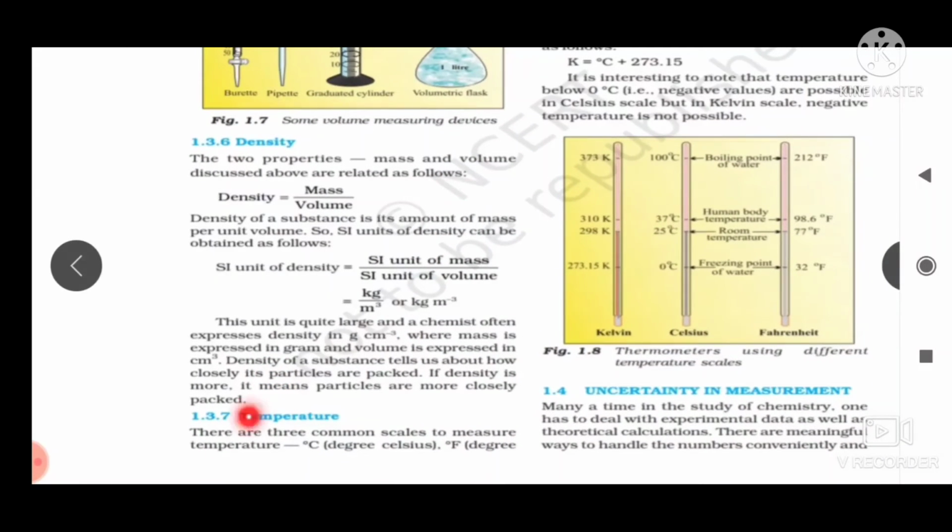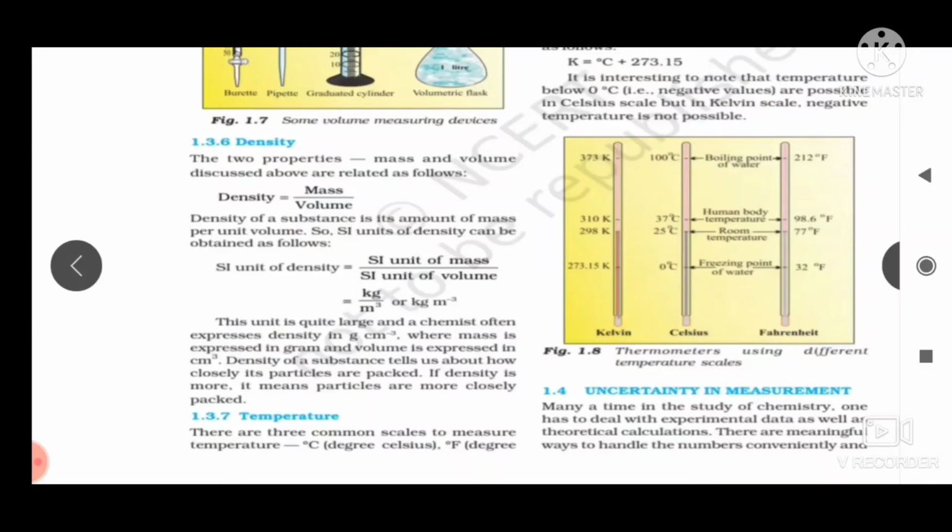Next physical quantity is temperature. What does body temperature mean? It is the measure of hotness or coldness of a body. To measure temperature accurately, we generally use a device called thermometer. Thermo means heat and meter means measuring device.